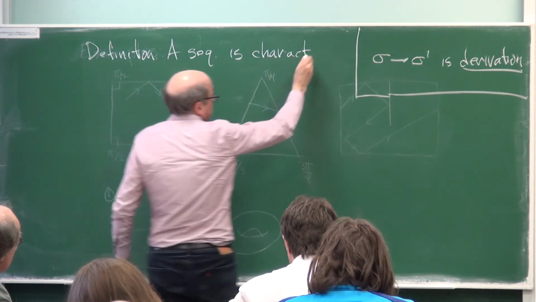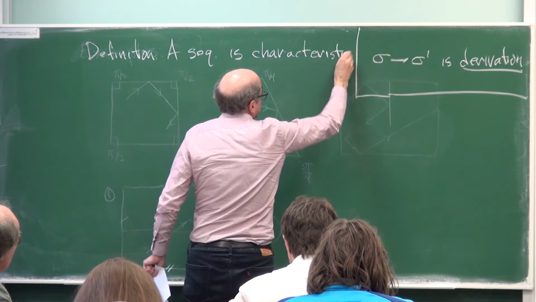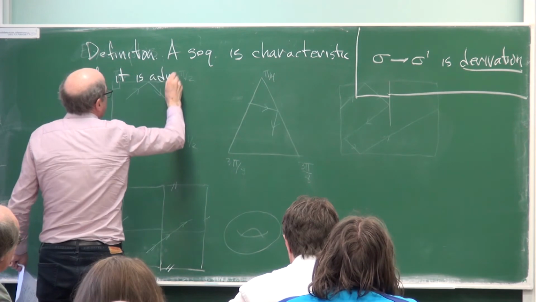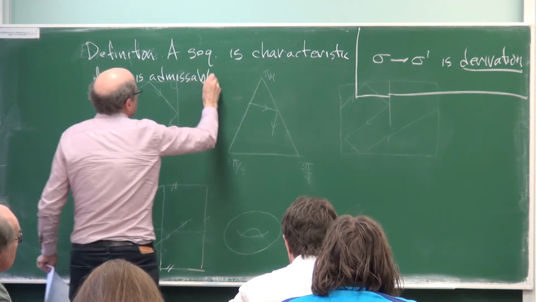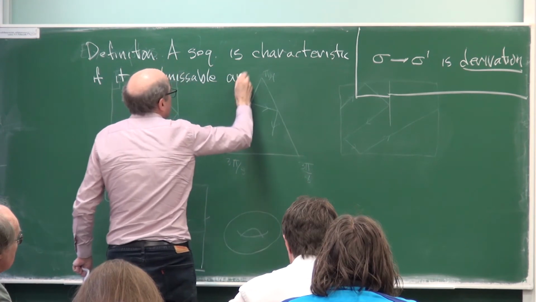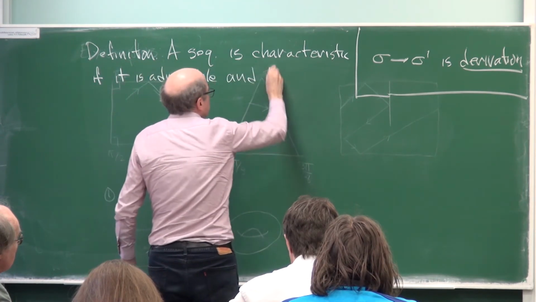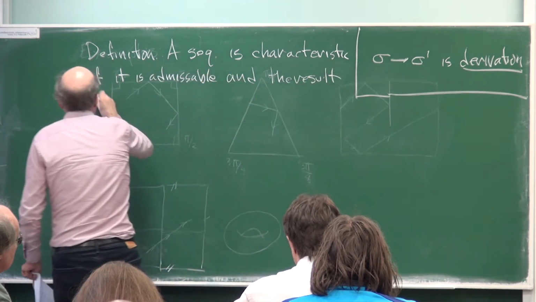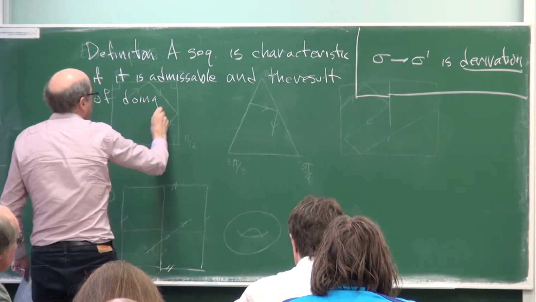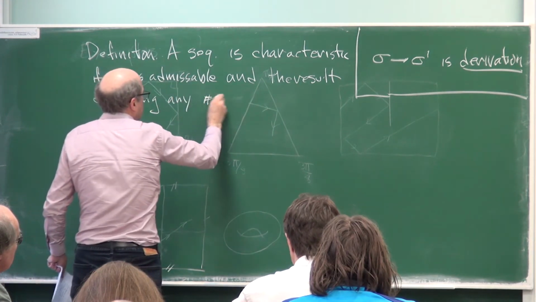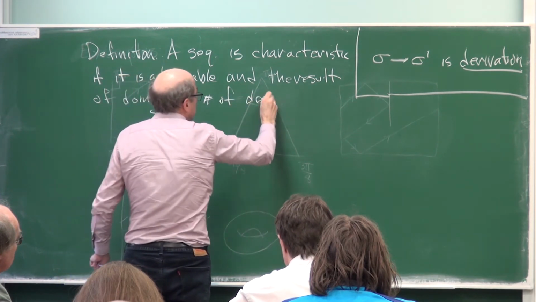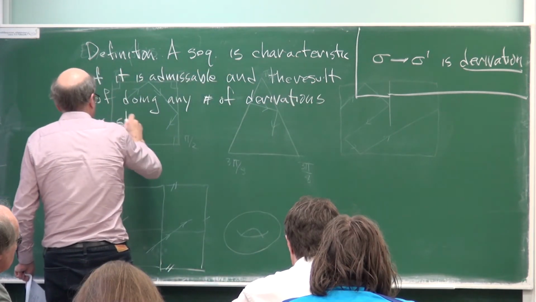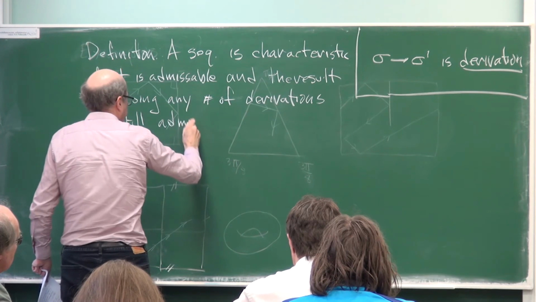A sequence is characteristic if it is admissible and the result of doing any number of derivations is still admissible.